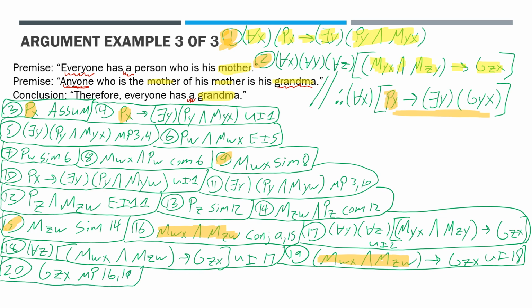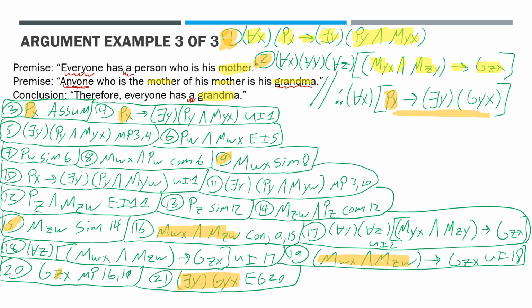And now with this variable z, we can generalize. Okay, it's an existential generalization, not a universal. But for 21, we can get there exists some y such that gyx, by the existential generalization of 20, and hence this is the consequent we want based on our assumption.